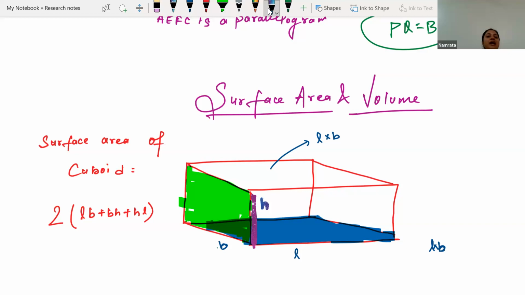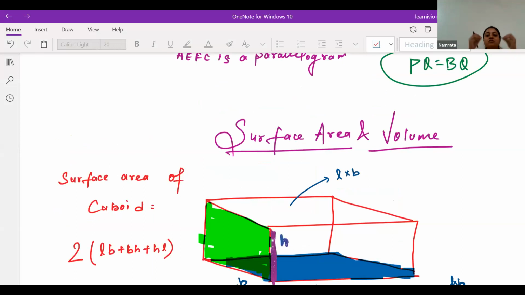It is not flat like the two-dimensional shape. Two-dimensional shapes are flat figures, just a flat plain figure. Once you pour water on it or anything on it, it will just flow out. But a three-dimensional shape will have its capacity. It will have a height as well.